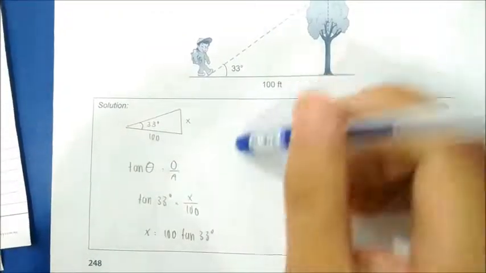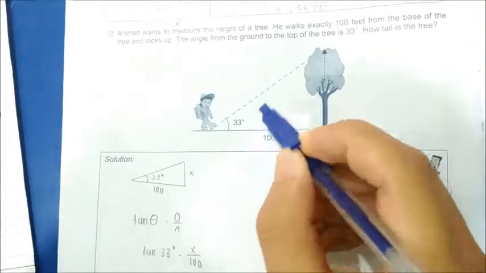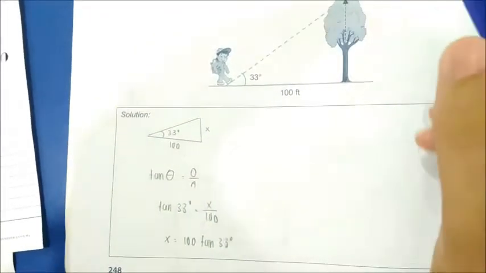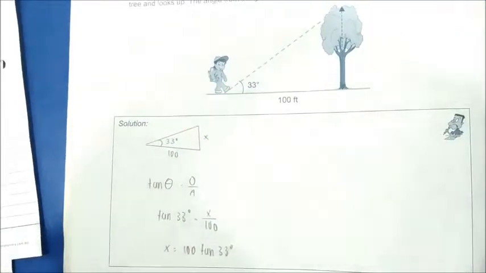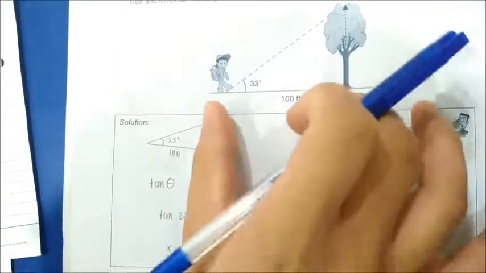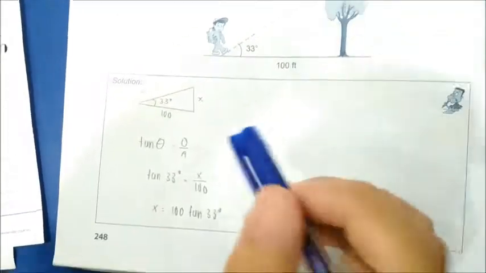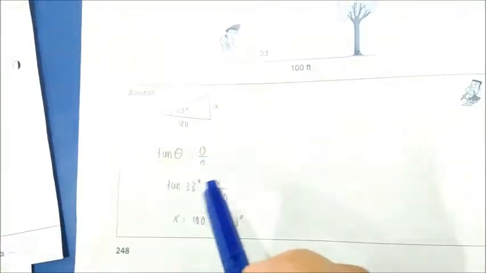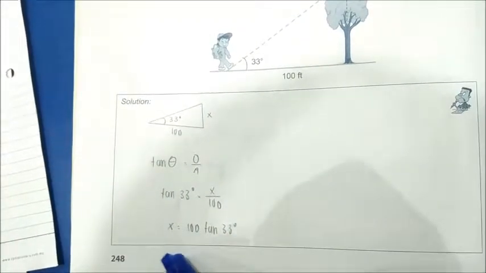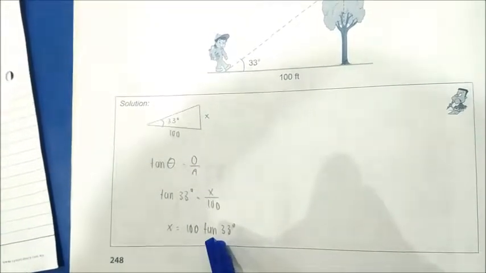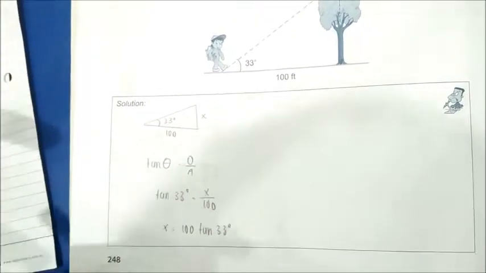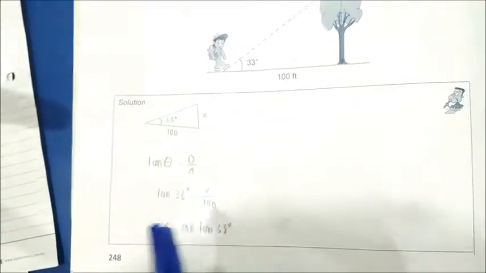As we know, we have 33 degrees, so we just put it here, tangent 33 degrees, and we still don't know the opposite, that is the height of the tree, but we already know the distance between him and the tree, that is 100 feet. So the solution is tangent 33 degrees, we transfer it to the other side and it becomes 100 tangent 33 degrees, and we put it in the calculator and we get the answer.